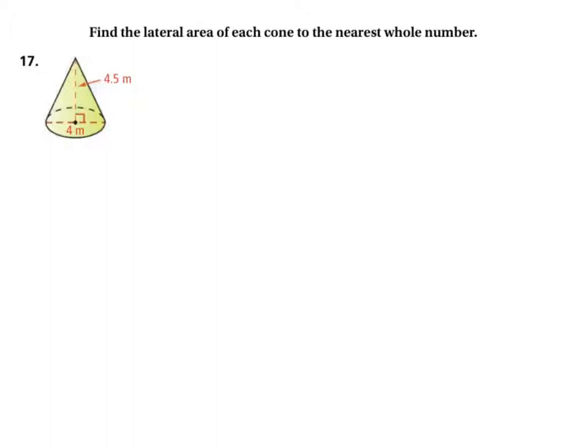So we are going to be using the formula. The lateral area of a cone is equal to pi times the radius times the slant height. And we need to find the slant height. We're going to be doing this over and over. You'll see it on the next problem as well.